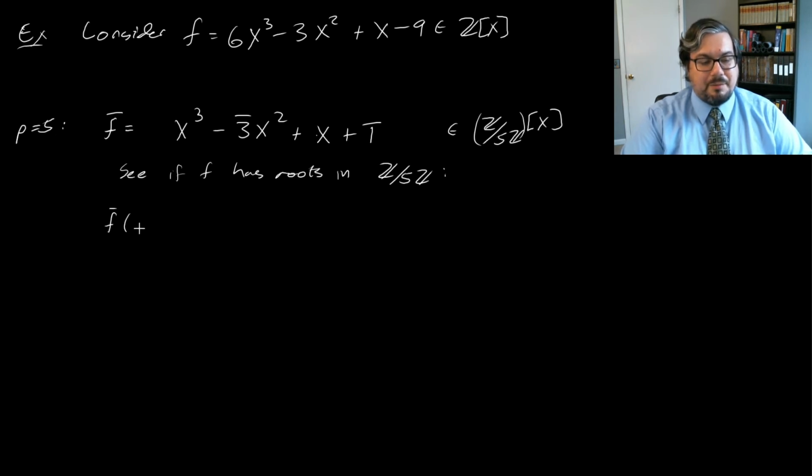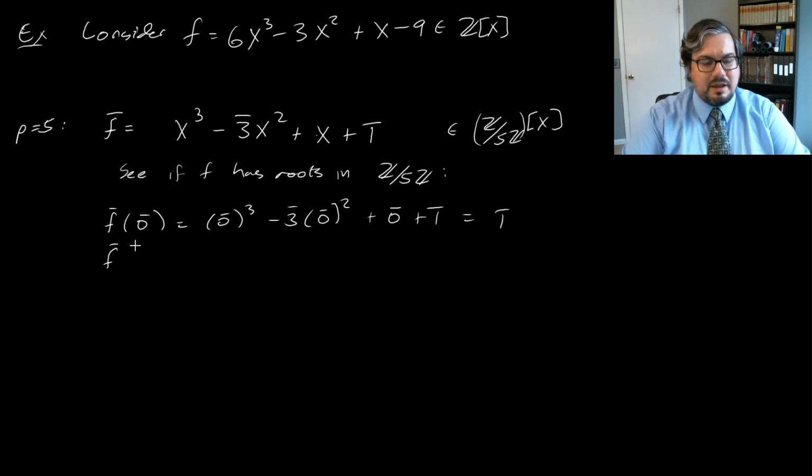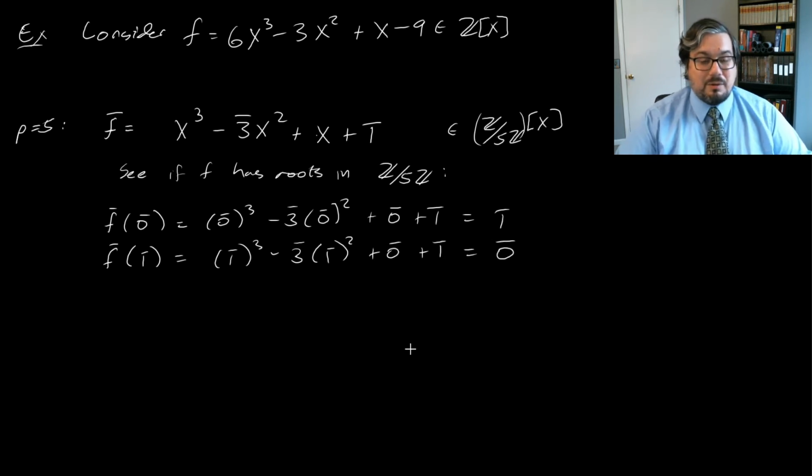We can take f bar of 0 bar, and it turns out that gives us 0 bar cubed minus 3 bar times 0 bar squared plus 0 bar plus 1 bar, which gives us 1 bar. f bar of 1 bar is equal to 1 bar cubed minus 3 bar times 1 bar squared plus 1 bar plus 1 bar, which turns out to give us 0 bar. We can check the others, but we don't have to.